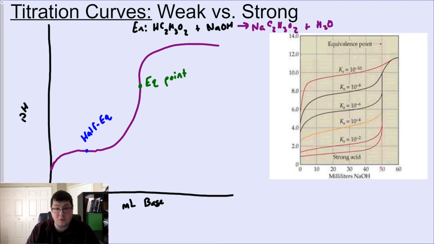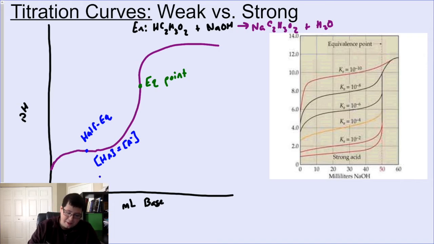And this point is special for two reasons. It represents the point where I've added enough NaOH so that the concentration of my acid in solution is equal to my concentration of its conjugate base in solution. So there I would have just as much HC2H3O2 as I have C2H3O2-. Like we know, the best a buffer can be, where it has its maximum buffer capacity, is right when the conjugate acid and base are equal.